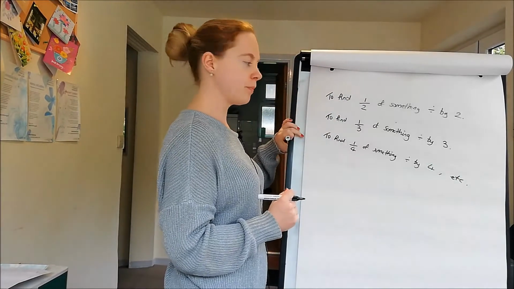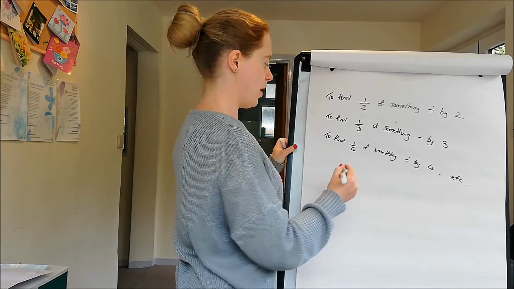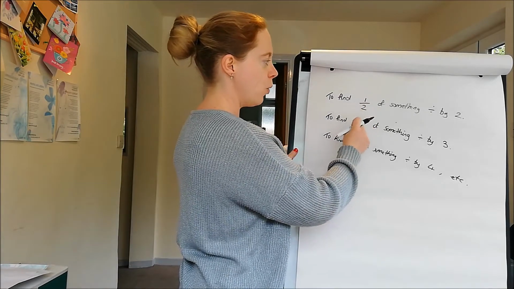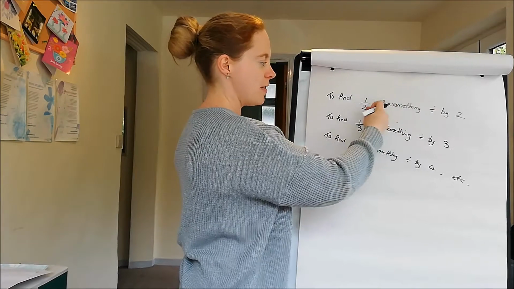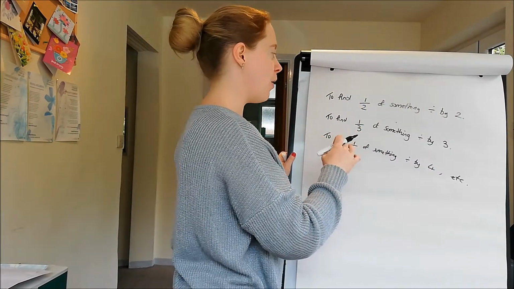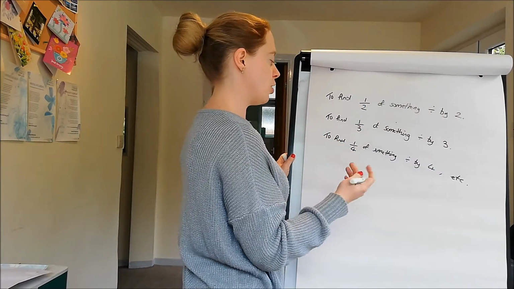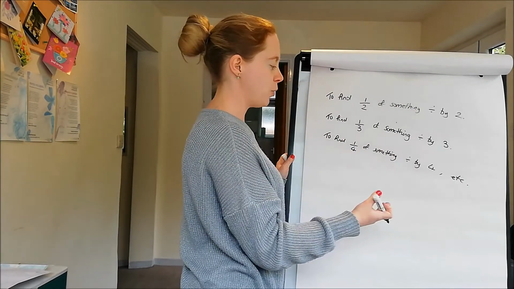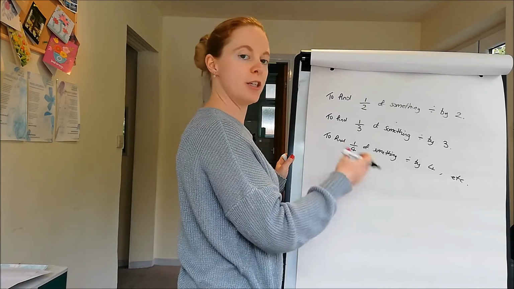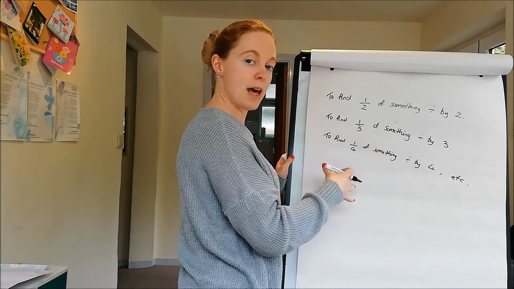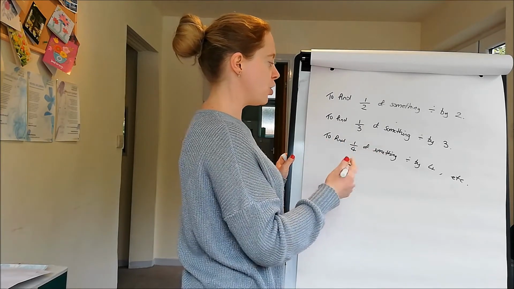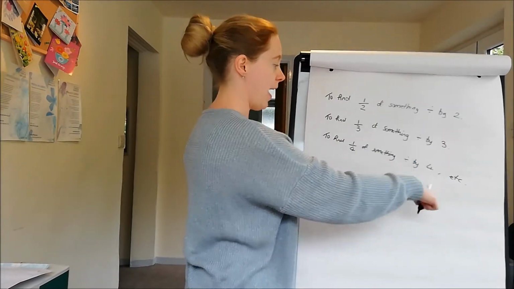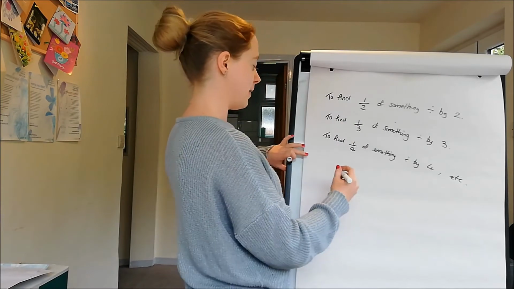Etc. So, in other words, whatever fraction we want to find, we divide the something by the denominator part, and that'll give us one portion. So if we wanted to find a 12th of something, we'd divide the something by 12. If we wanted to find a 35th of something, we'd divide that something by 35. So to find one piece of something is really easy. You just divide by whatever the denominator is.